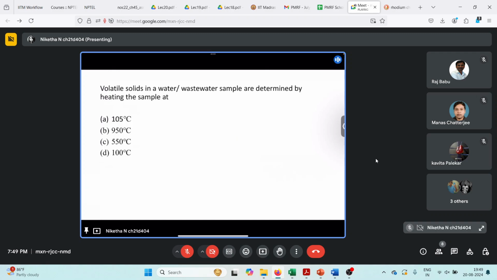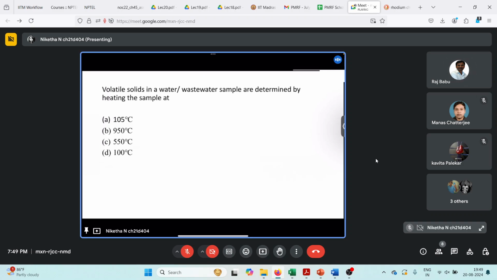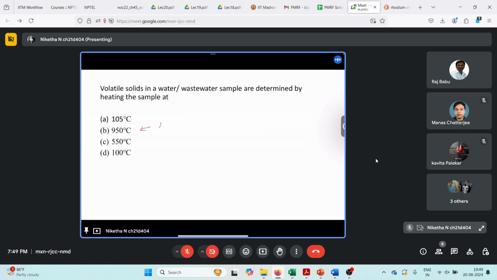Okay. Next question. Volatile solids in a water or wastewater sample are determined by heating the sample at... We just discussed this. 950, madam. Option B. No, actually 950 degrees is used for measuring volatile solids in solid waste.